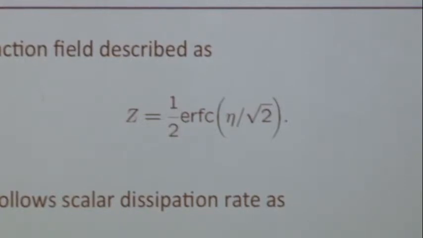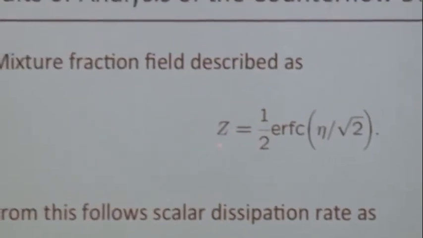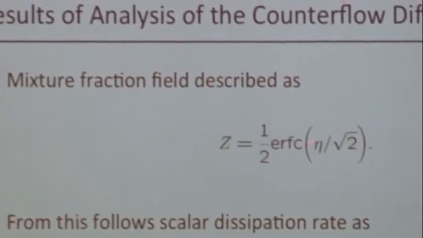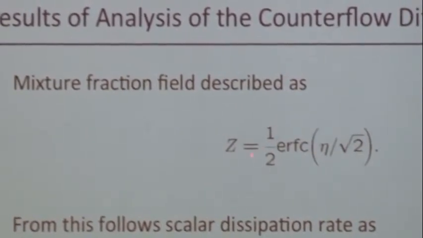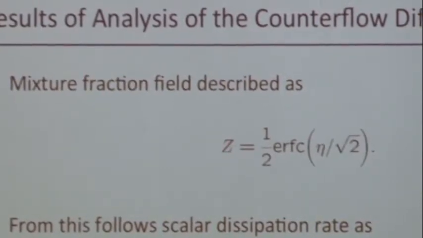Okay? And so you see now, from this I can also determine the dissipation rate, because the dissipation rate is something like dZ by d eta, squared. So I can take the derivative of this, and the square of that gives me the dissipation rate. You see that depends now on eta.